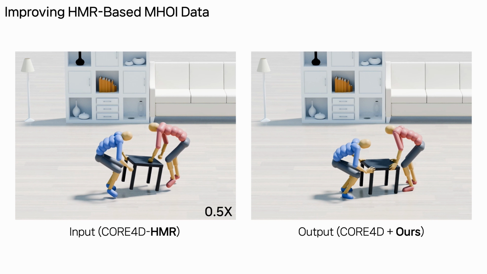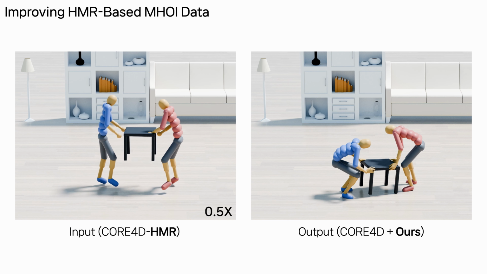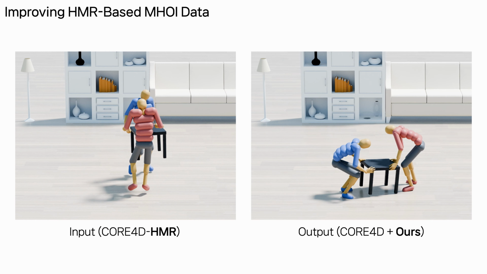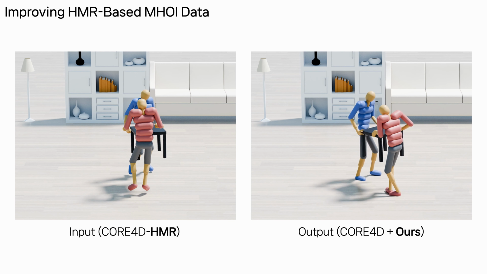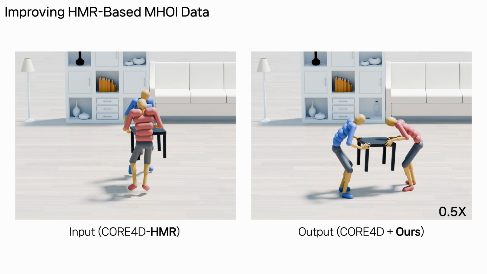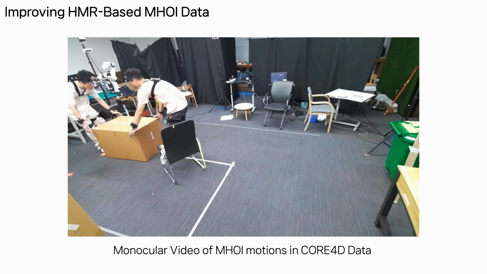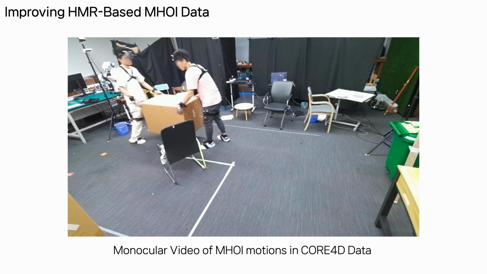The extracted human motions show artifacts, such as foot hovering and unnatural contact. The output multi-person HOI motion shows natural human object contact with finger-level details. This is another example of moving a large box.